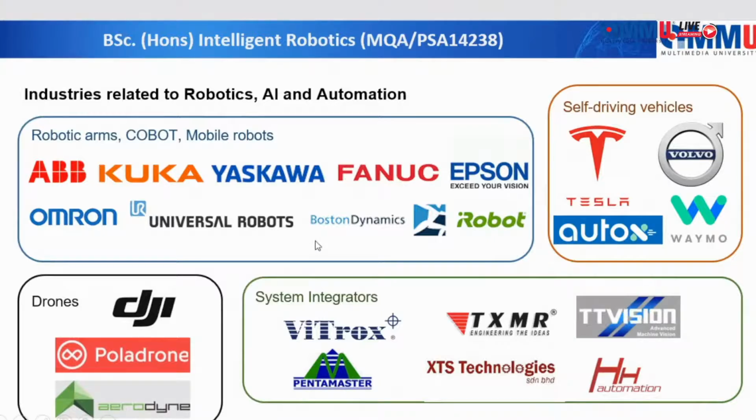Boston Dynamics, maybe some of you have watched the videos of their humanoid robots and also their four-legged robots, which are very stable and intelligent. All these are companies involved in robotics. And you can also work in the drone industries.